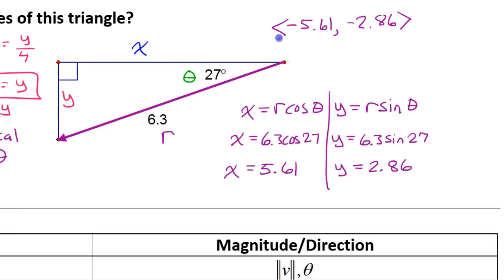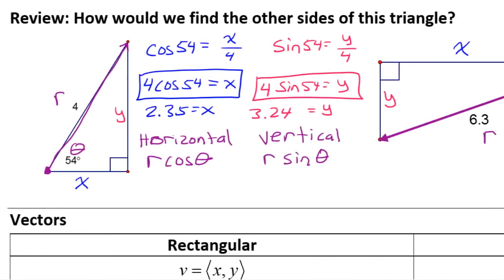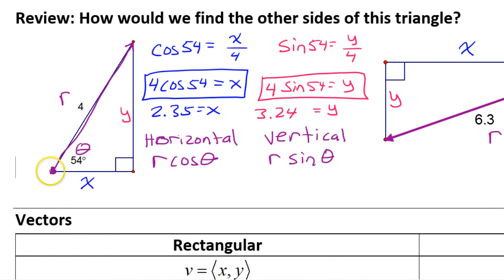All right. The point is we can use this process to convert from an angle and a magnitude to component form. Let's do the same thing back on the previous problem. If we consider this to be a vector instead of just a radius, then what we have is component form.